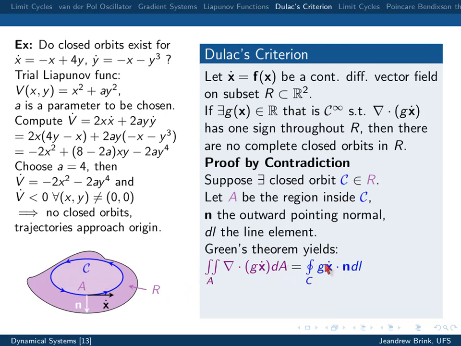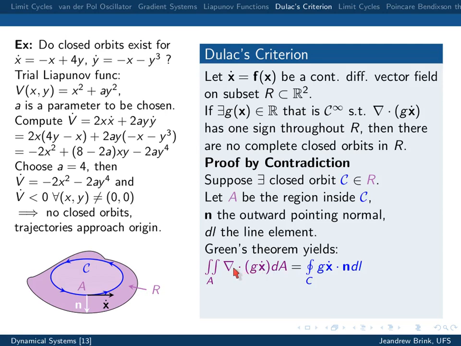And so we're going to use this now to actually prove that having a trajectory is impossible. The way we prove it is by the assumption that we've made on g of x.